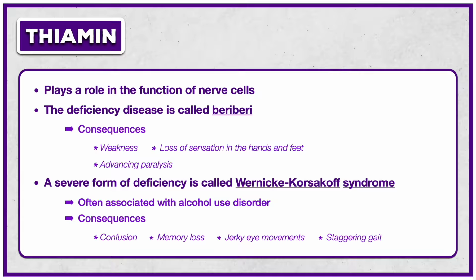This syndrome is often associated with alcohol use disorder because alcohol impairs thiamine absorption and promotes thiamine excretion. Consequences include confusion, memory loss, jerky eye movements, and a staggering gait, representing a sort of intoxication in some respects that's irreversible if not treated immediately.